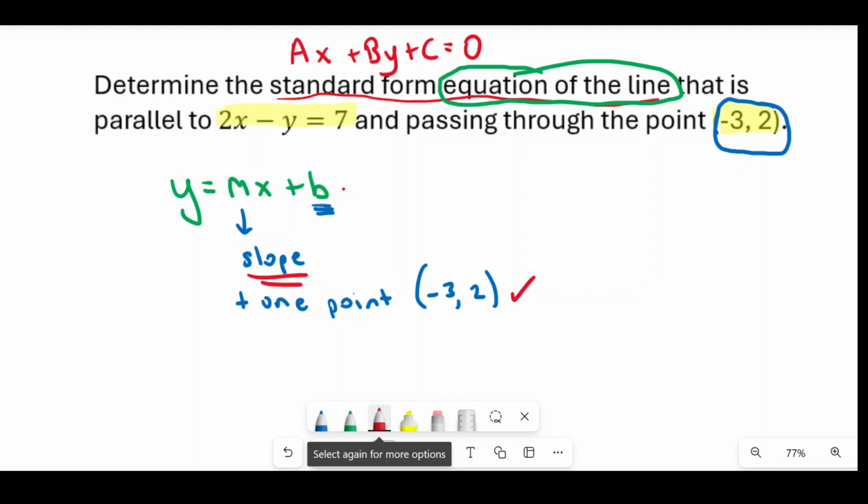So what do we know? Well, we know that the line we're looking for is parallel to this line. And if my line is parallel to that line, then it has the same slope. So what I need to do is find the slope of the line that they've given us.